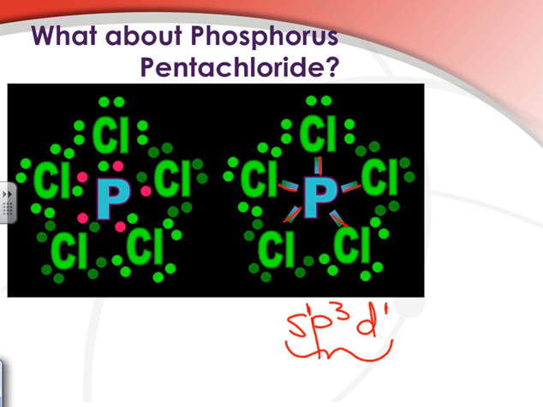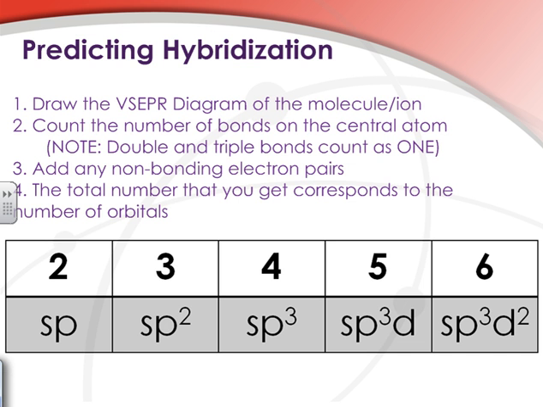Now, how the heck did I know that? Good question. I'm going to jump ahead to the last slide for a second, and then I'll go back. To predict hybridization, first you have to draw the VSEPR diagram, or the Lewis dot diagram of the molecule or the ion. Then you're going to count the number of bonds on the central atom, and double and triple bonds count as one.